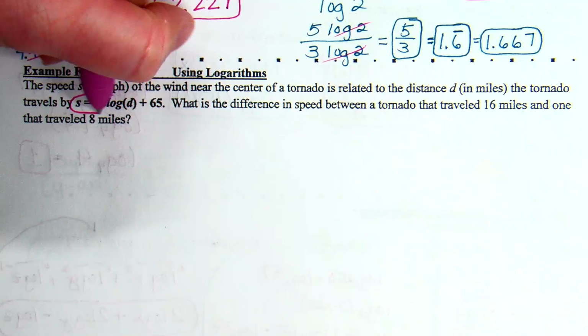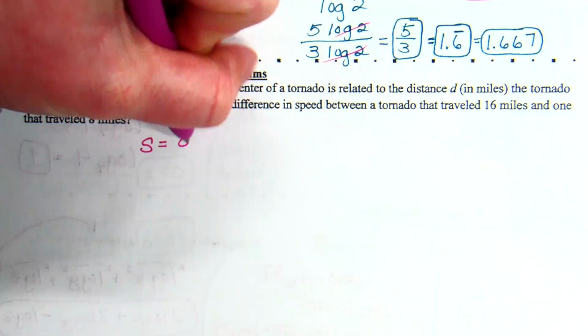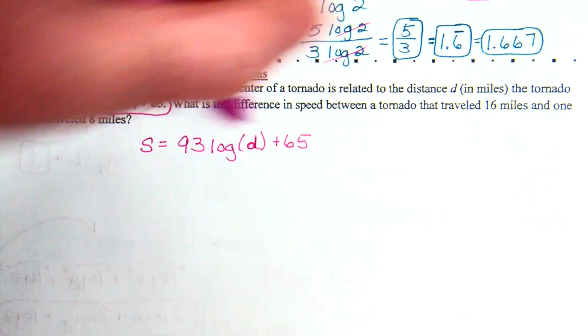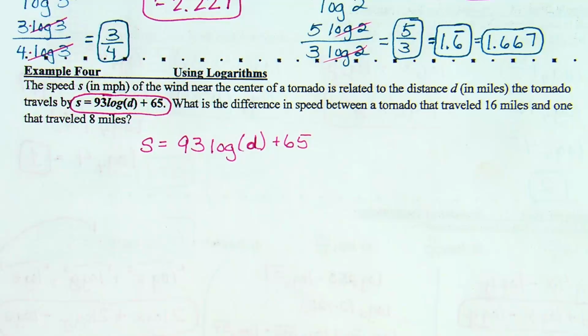Thoughts on how we're going to do this? You've got the formula, but we have to know how to use it. Well, I have to use 16 and 8 in 2 different equations. So the question is, what is the difference in speed between one that traveled 16 miles and one that traveled 8 miles?